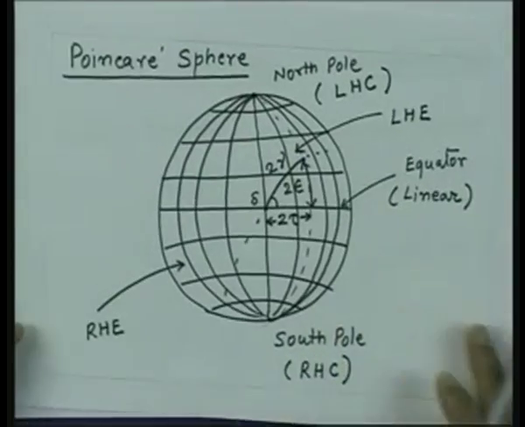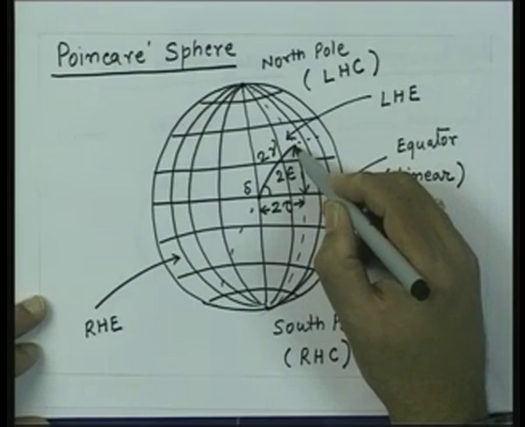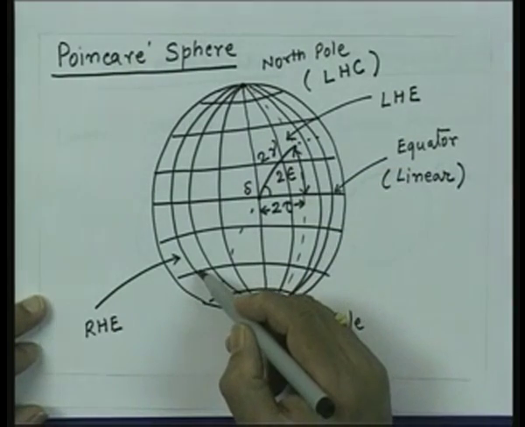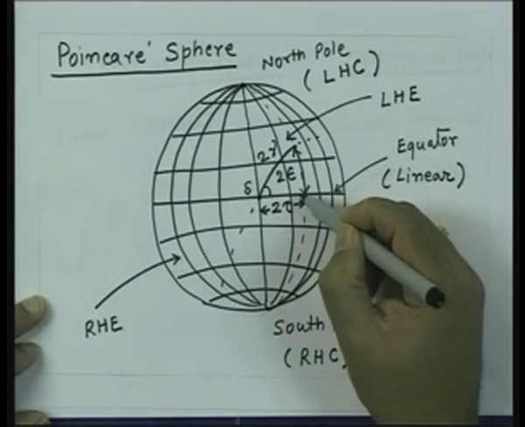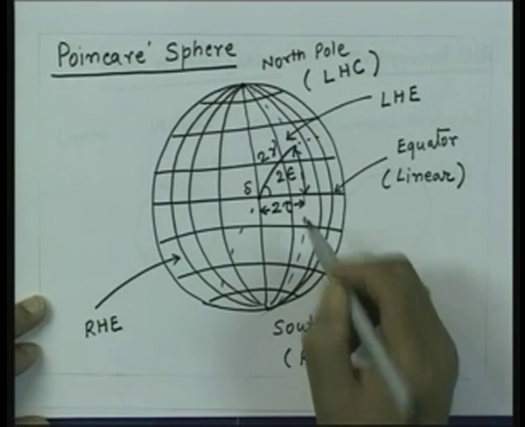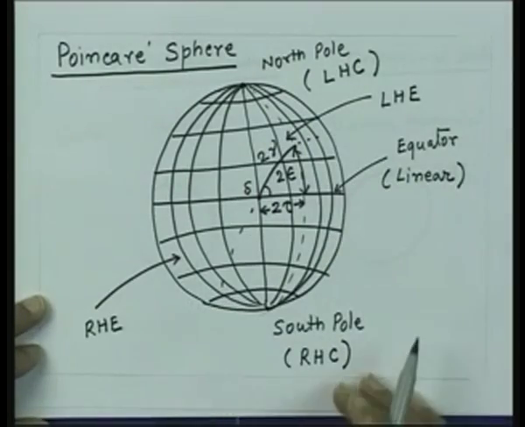What about the elliptical polarization? If I take some value here for epsilon in the northern hemisphere, then the diagonally opposite point will definitely lie in the southern hemisphere. That means the axial ratio will have the same value, but the sign of that will be opposite. And this 2 tau angle would have changed by 2 tau plus 180 degrees.